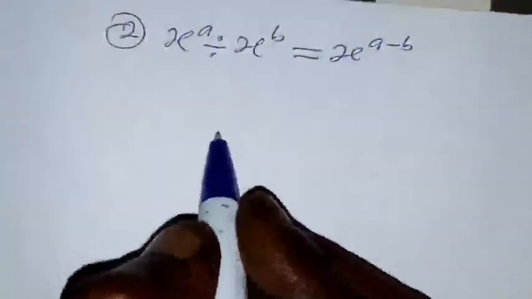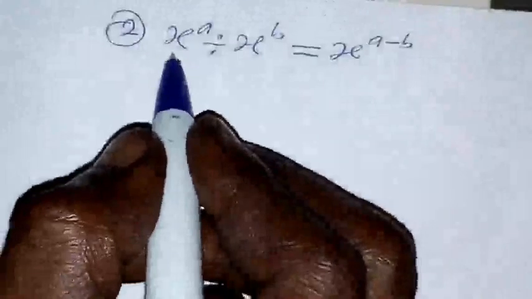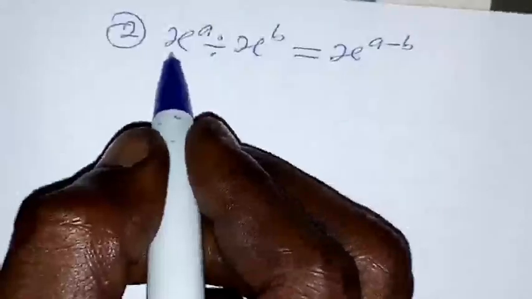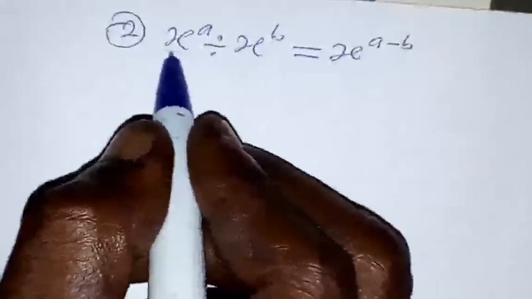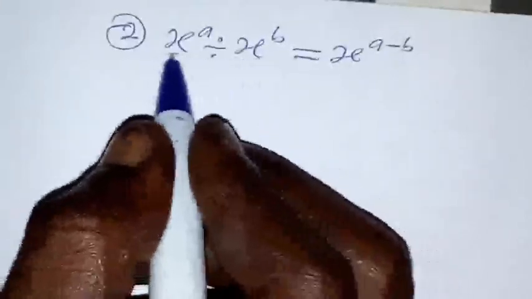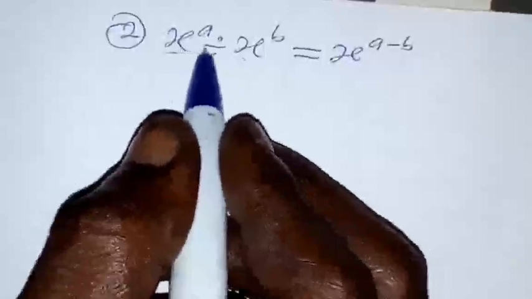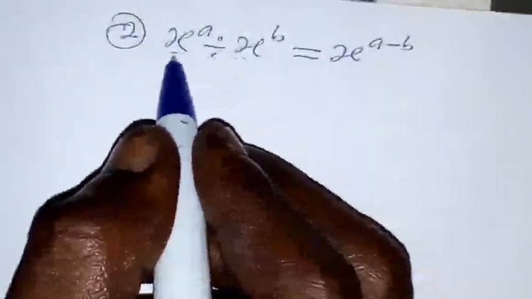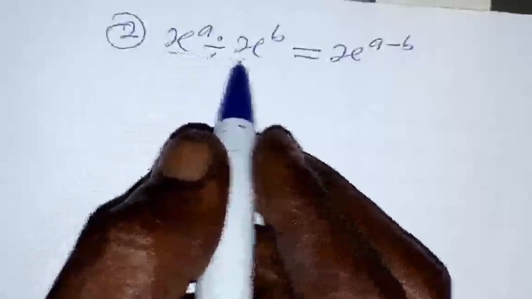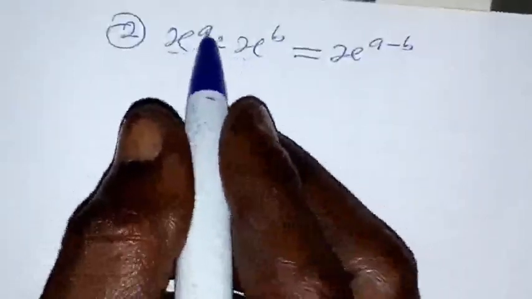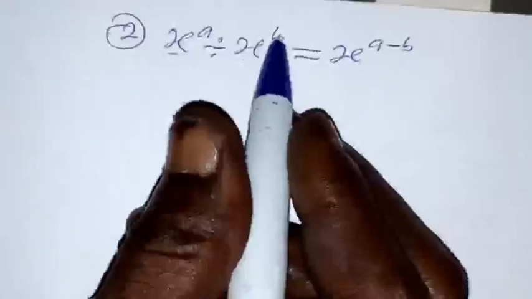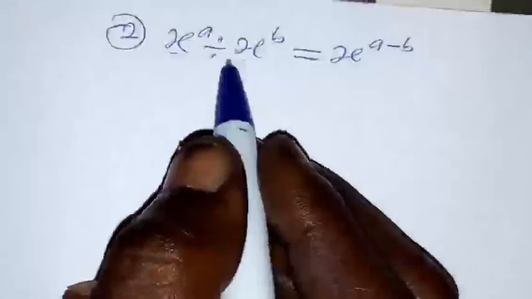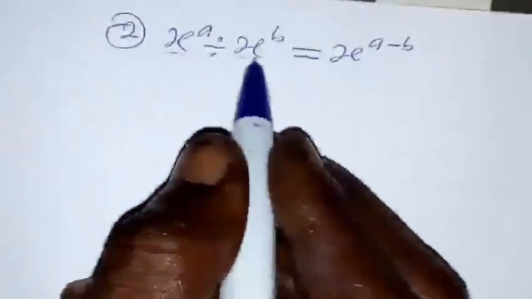Also, as we have just said for the addition law, in subtraction law, whenever we have two values that are the same and they divide, and the power is the same or different, as in this form a and b are different, what we are going to do is just take one base.